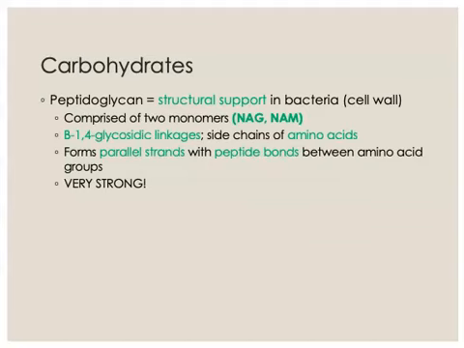Inside peptidoglycan, we find two types of monomers. We find two monosaccharides called NAG and NAM. These individual monosaccharides will alternate in the long parallel strands that make up peptidoglycan.